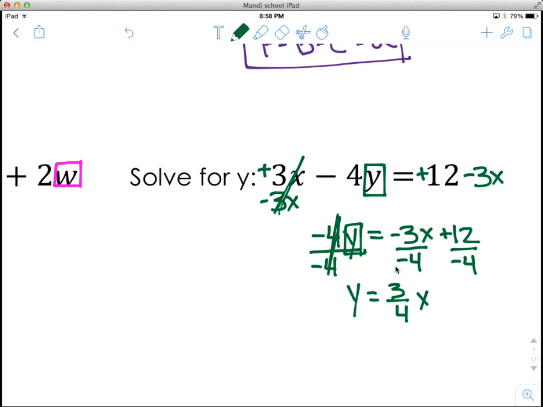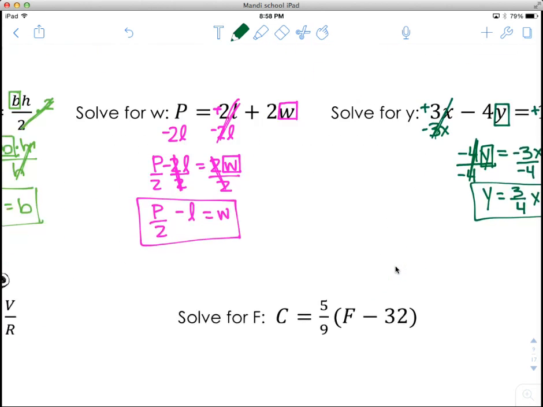And a positive 12 divided by a negative 4 is a negative 3. And then you put that in y equals mx plus b, or slope-intercept form, which is why this is important. We like slope-intercept form. It's easier to use when we graph.